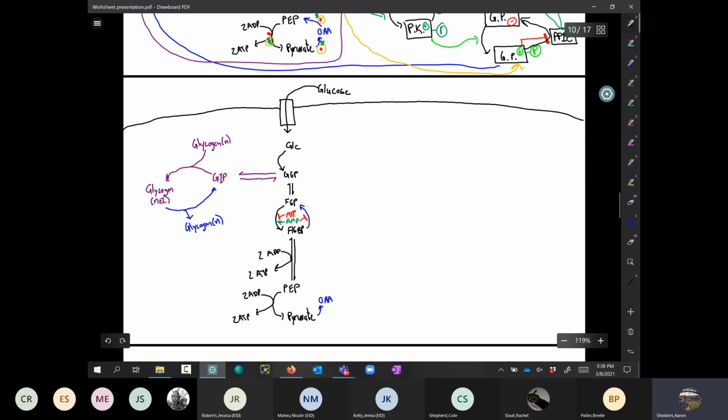So you just kind of think about it that way. Exercise leads to ATP going down, and that then leads to AMP concentrations going up. And that will allosterically affect PFK1 and FBPase1. And we'll just leave it at that.